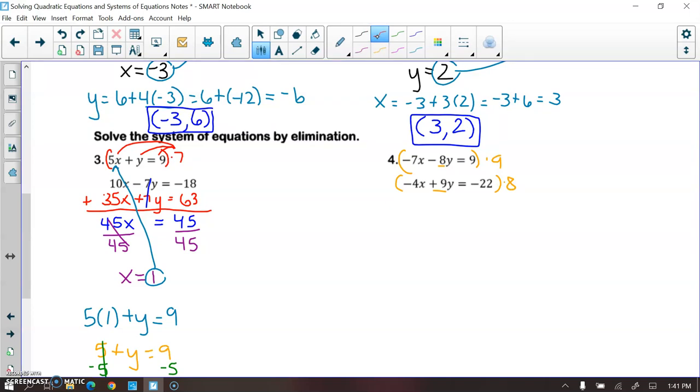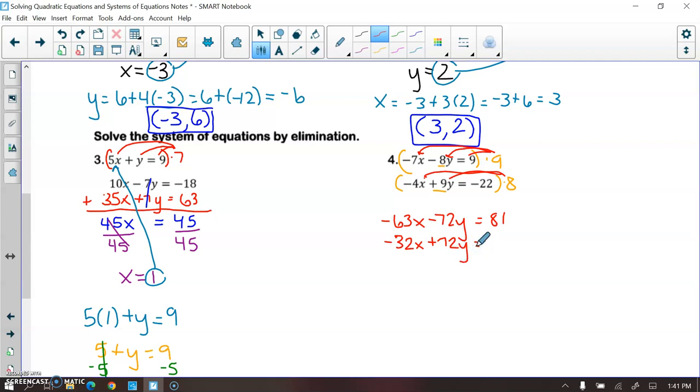Doing this, 9 times negative 7x would be negative 63x. 9 times negative 8y would be negative 72y. And that would equal 9 times 9, which is 81. In my bottom equation, I would do 8 times negative 4, which would be negative 32x. 8 times 9y is plus 72y.